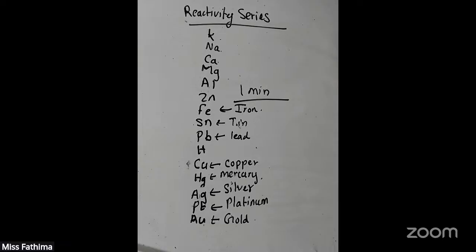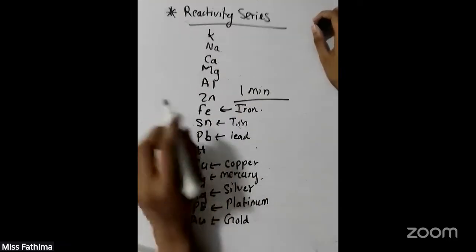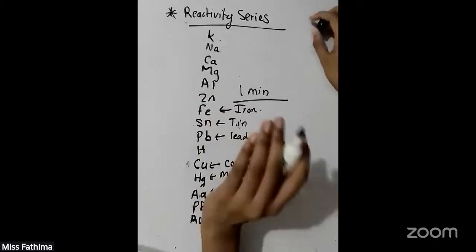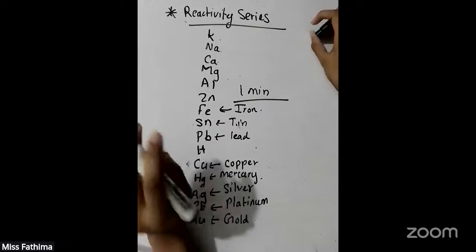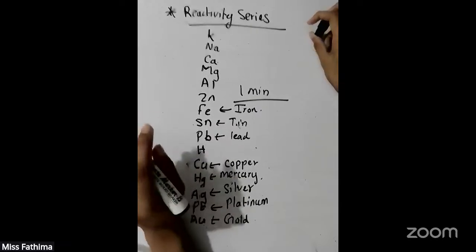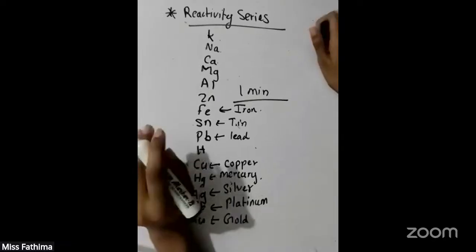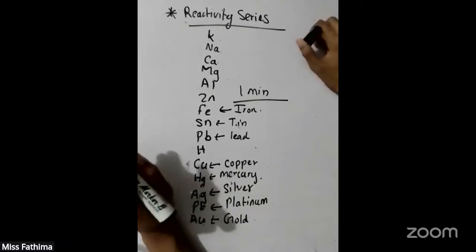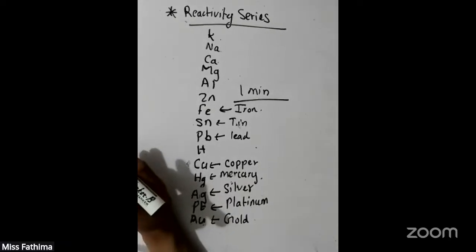Everyone, children, mostly I'm telling you this. This is very important. If you don't know the order of the reactivity series, it is hard to do the lesson. Right? So I'm telling you so many times, make sure that you are studying it. Without this, it is not possible to do the class. You have to memorize. You will understand when we move to the next part why it is that important.